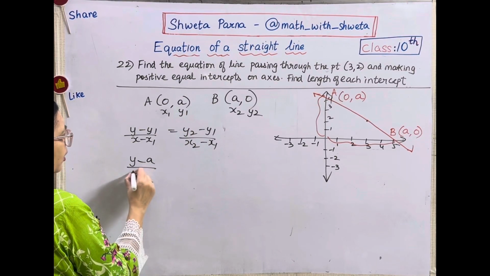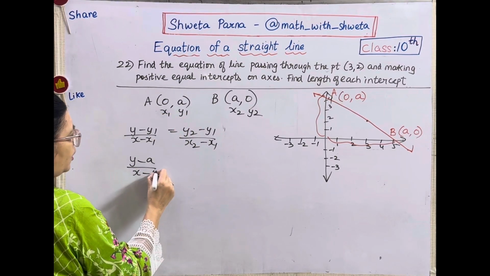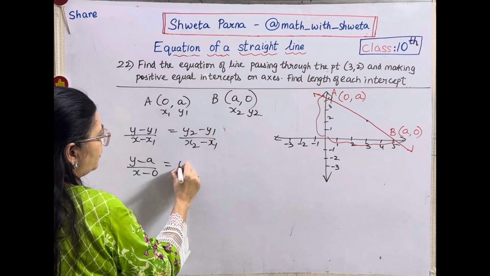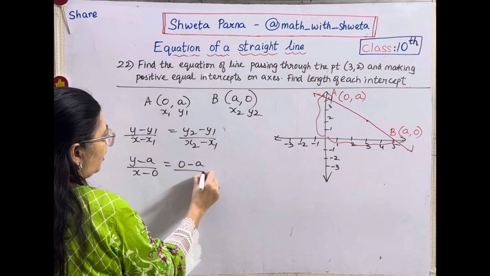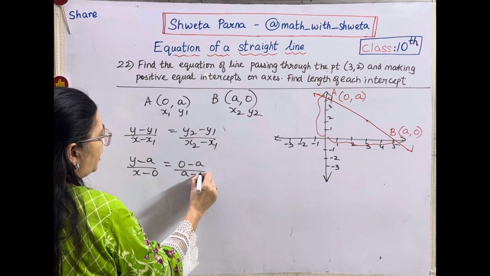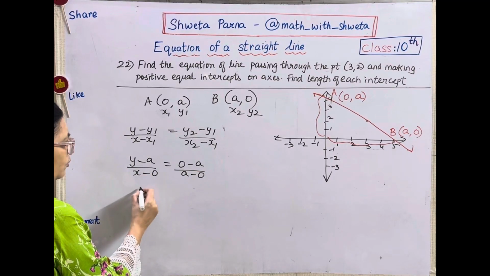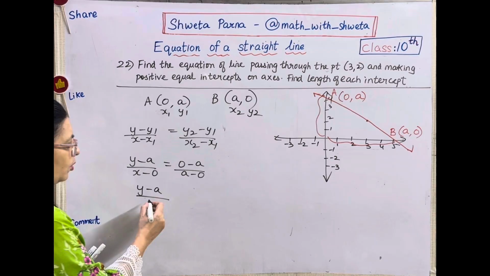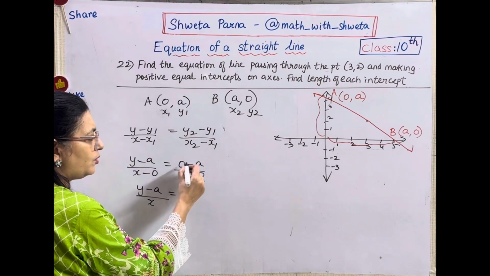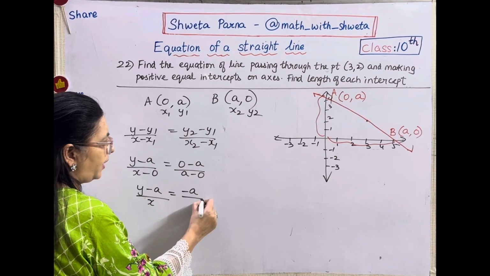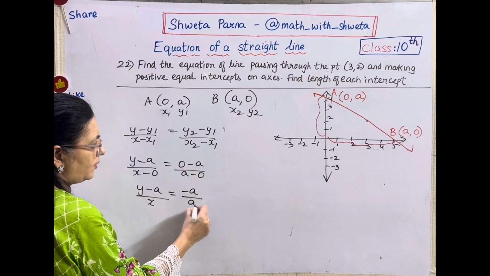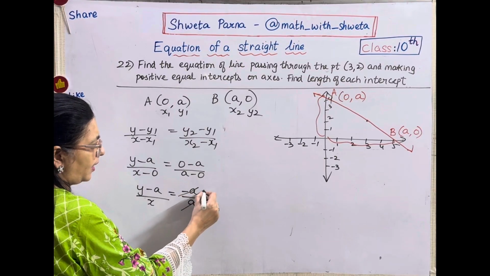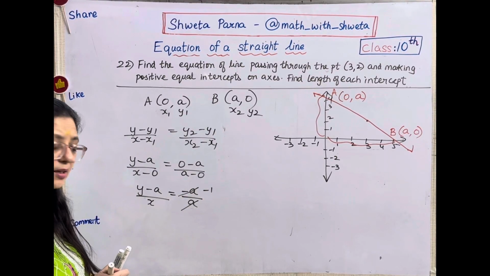A, upon x minus 0 is equal to y2 is 0 minus A, upon x2 is A minus 0. This will become (y minus A) upon x is equal to 0 minus A is minus A, A minus 0 is A. A and A get cancelled. Here you are left with minus 1.